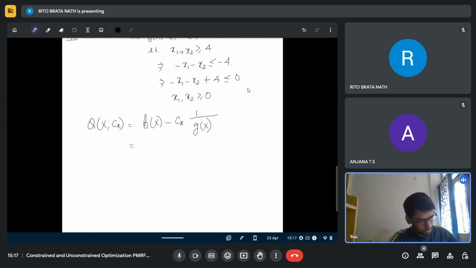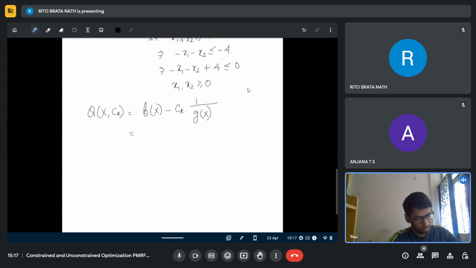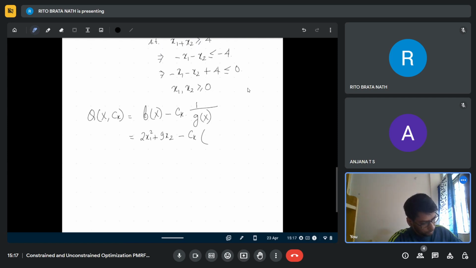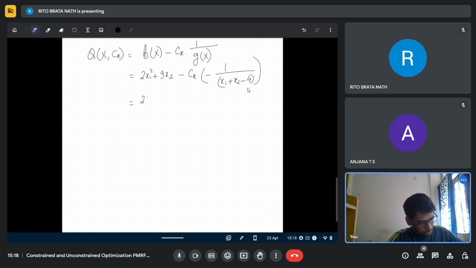So the function here is 2x1 squared plus 9x2, minus ck times minus 1 by x1 plus x2 minus 4. So you can write it as 2x1 squared plus 9x2 plus ck divided by x1 plus x2 minus 4.